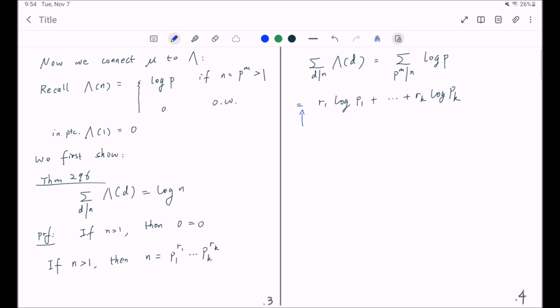Writing it more explicitly: p sub i divides n, p sub i squared divides n, all the way to p sub i to the r sub i divides n. That is why in front of log of p sub i, you should get r sub i.